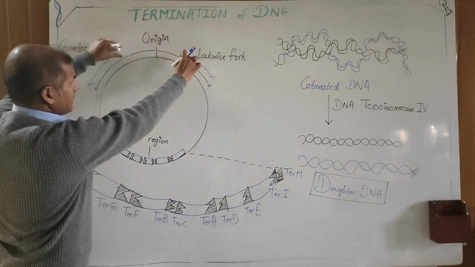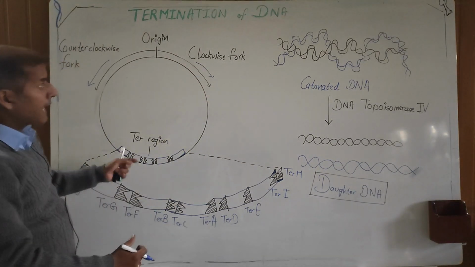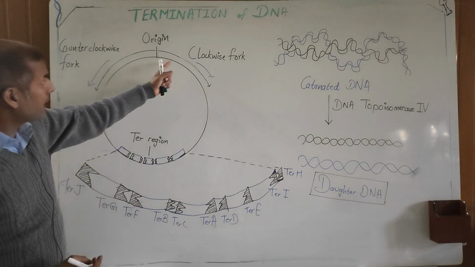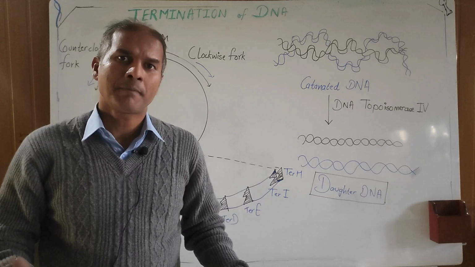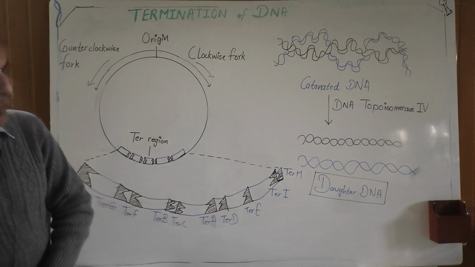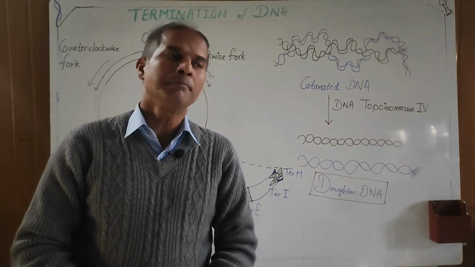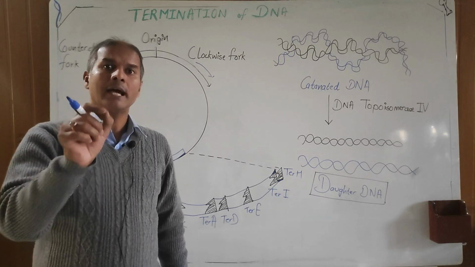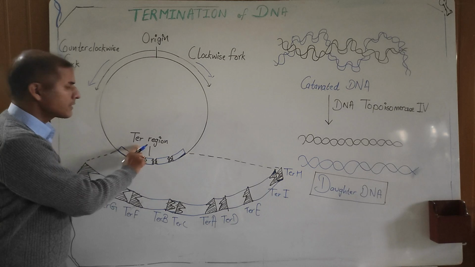When both replication forks move in opposite directions and a new strand is formed against both parental strands, now when will it be terminated? This is a major point. In prokaryotic DNA replication, the DNA contains a special type of termination sequence that is called TER sequence.